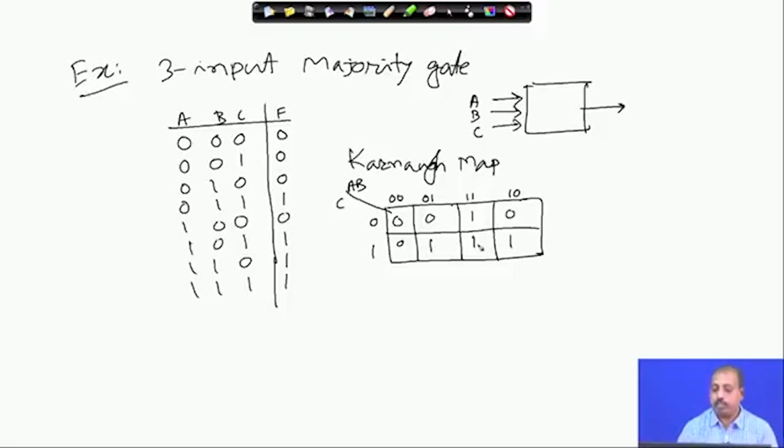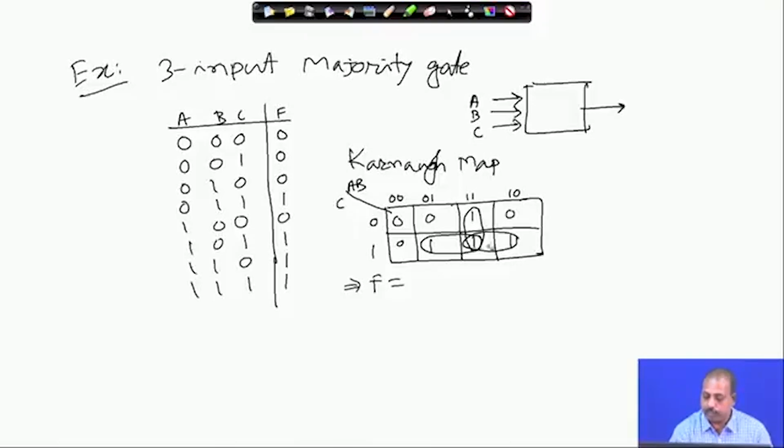Now, after drawing this Karnaugh map, from our digital logic classes you know that we have to make groups of these ones, and we try to make as large a group as possible. In this particular case, we can make groups like this. This is one group, this is another group and this is another group. If we do this, it gives me the expression.